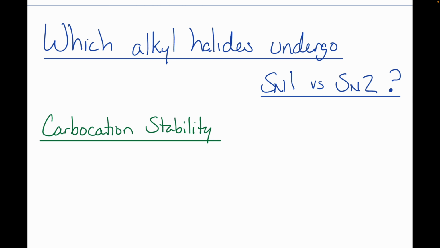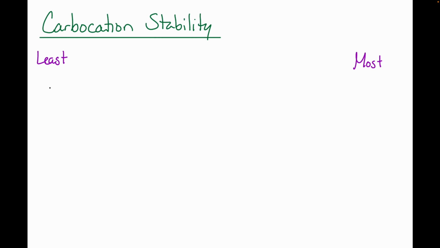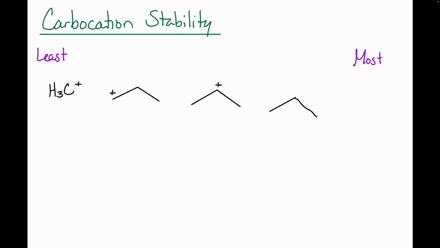So if we're going to rank these from least to most stable, the least stable would be a carbon that doesn't have any other carbon neighbors, a methyl carbon. A little bit more stable than that is a primary carbon. A little more stable than that is a secondary carbon. And then we have our tertiary carbons, which up until now were our most stable carbocations.